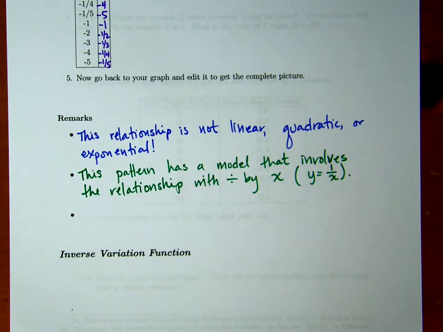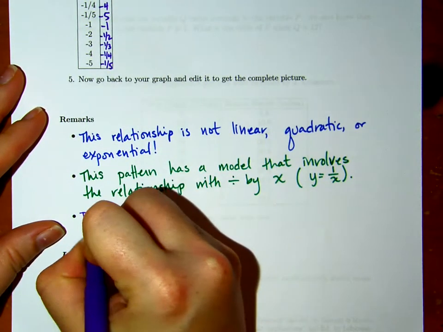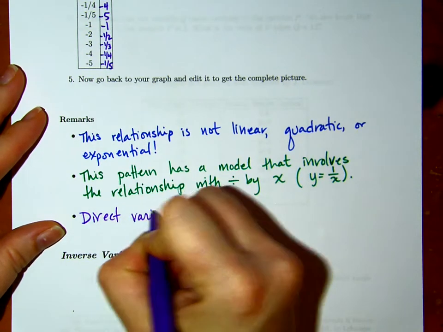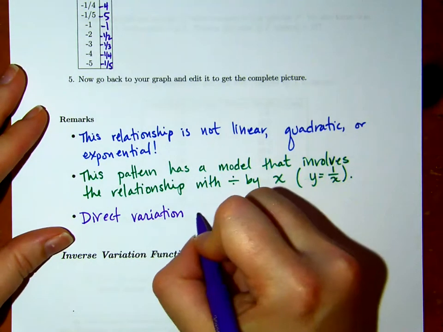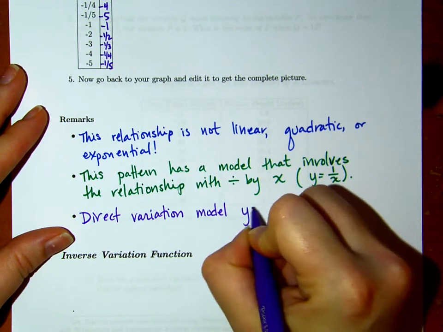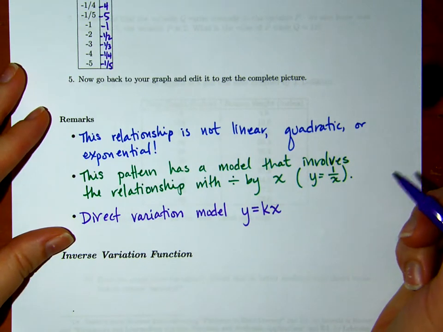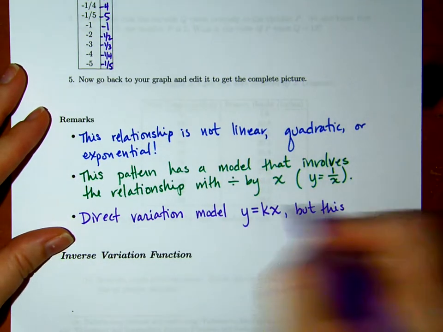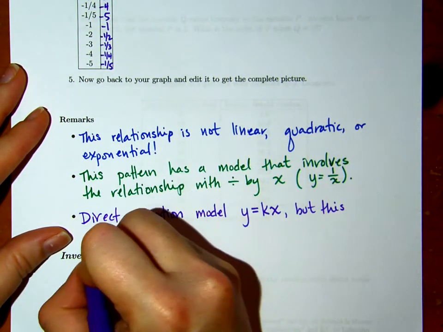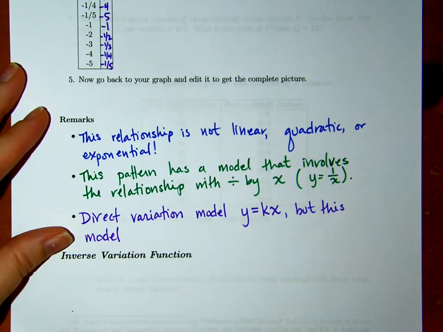And then another remarkable thing about this is that I want to bring you back to the direct variation. So direct variation had this relationship of y equals k times x, and this new model isn't times x, it's divide by x.